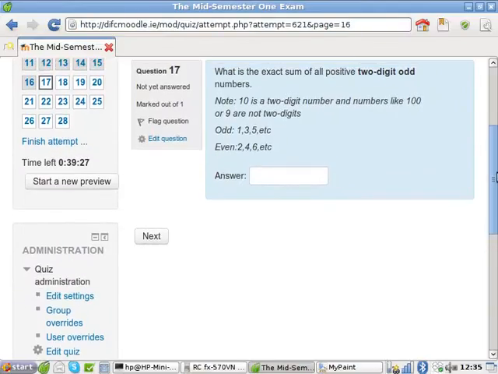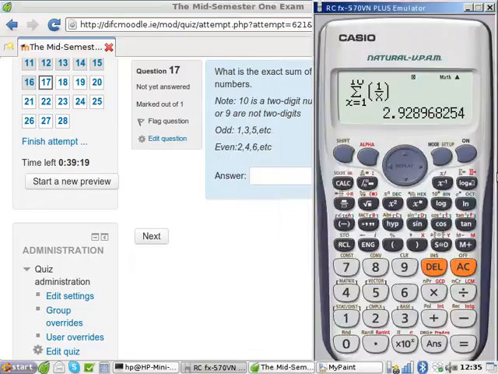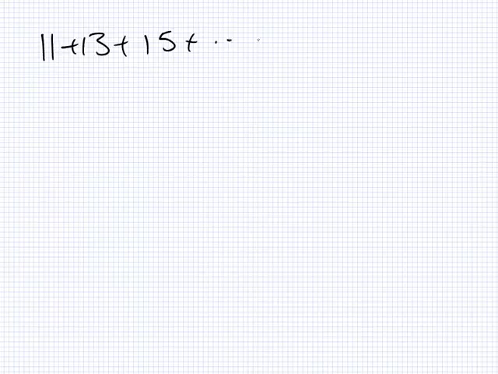What is the sum of all positive two-digit odd numbers? Two-digit and odd. Guys, please, what's the first odd two-digit number? 11. And the last? We'll see.